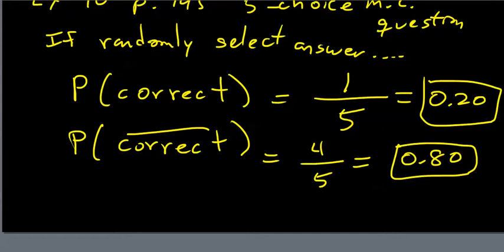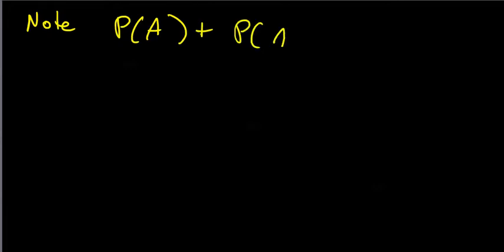Let me get a new screen here. Note, the probability of A plus the probability of not A always must equal 1, right?